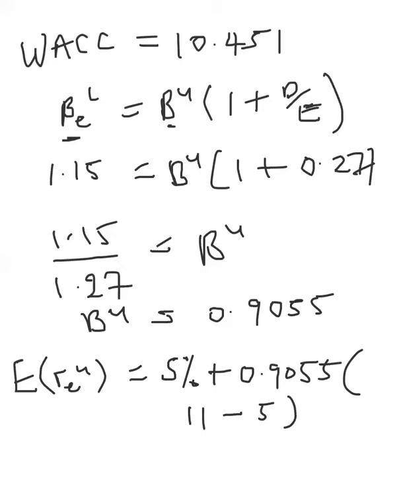So I have 5% plus 0.9055 into brackets 11 minus 5. Sorry, 5% plus, not minus. And that gives me 10.433% as the cost of capital for an otherwise identical all-equity financed firm.